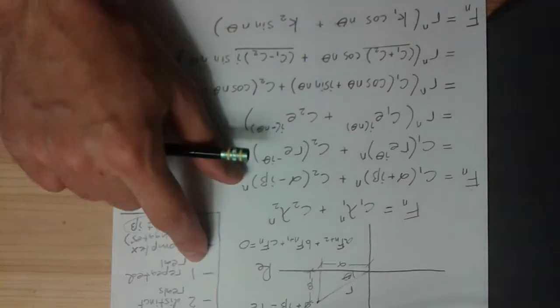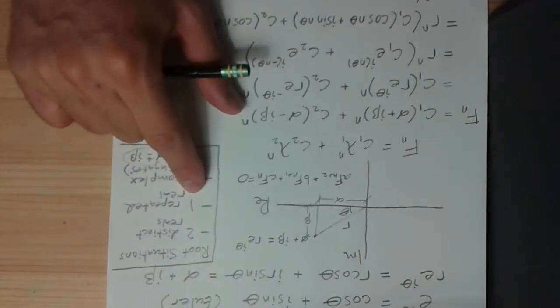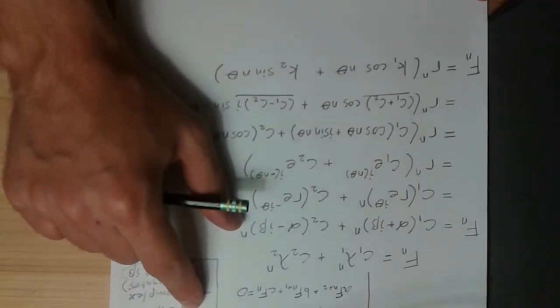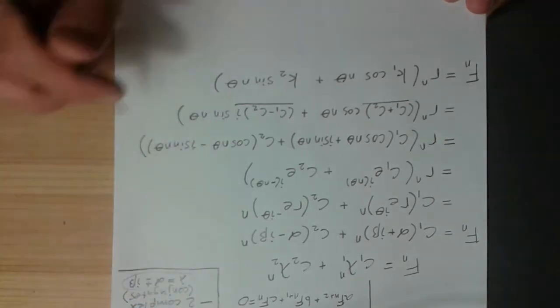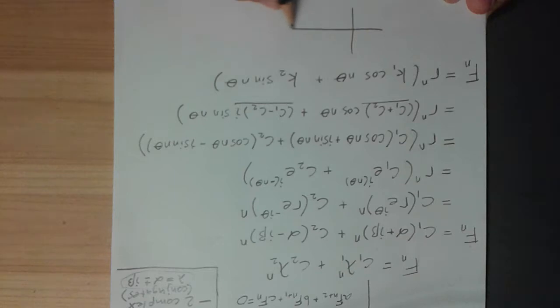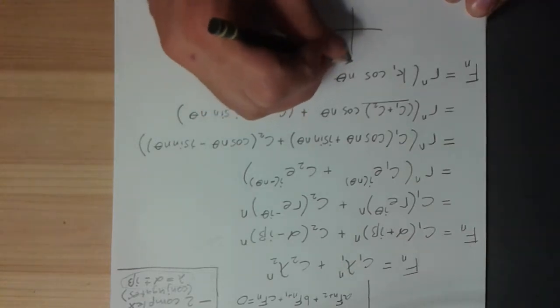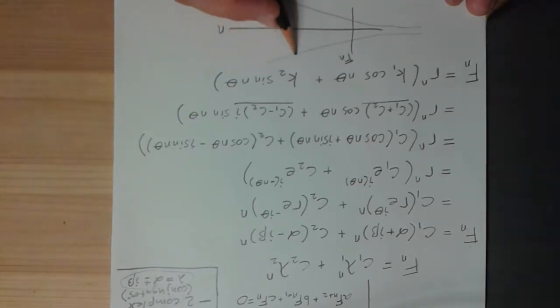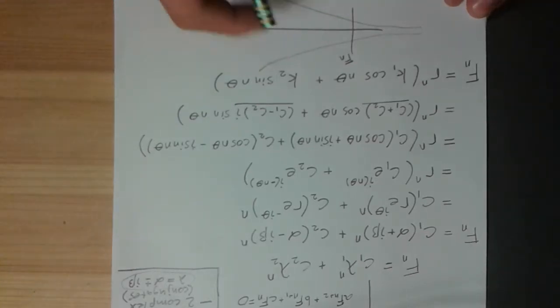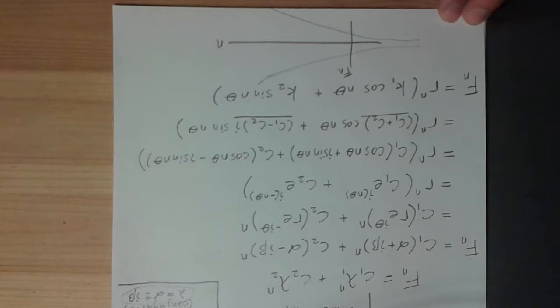The radius is just affecting the growth, the exponential growth or decay in amplitude. Let me draw a little picture here. So if I call this n, and then this axis would be like f of n. So you have like these exponential limits, like top and bottom.